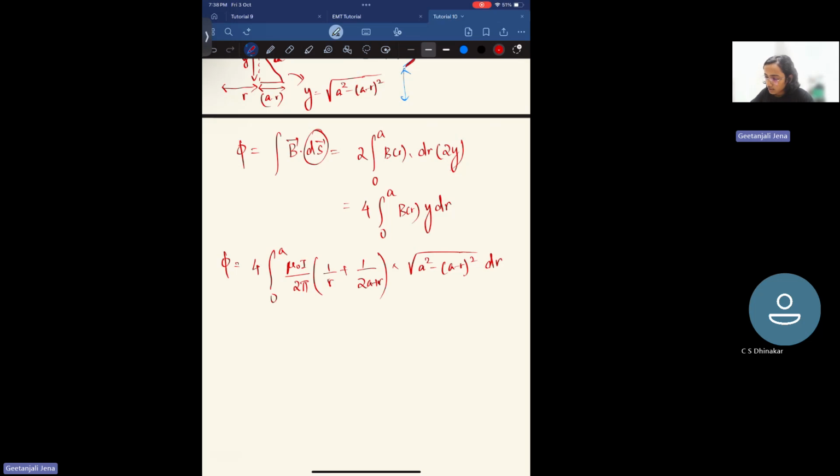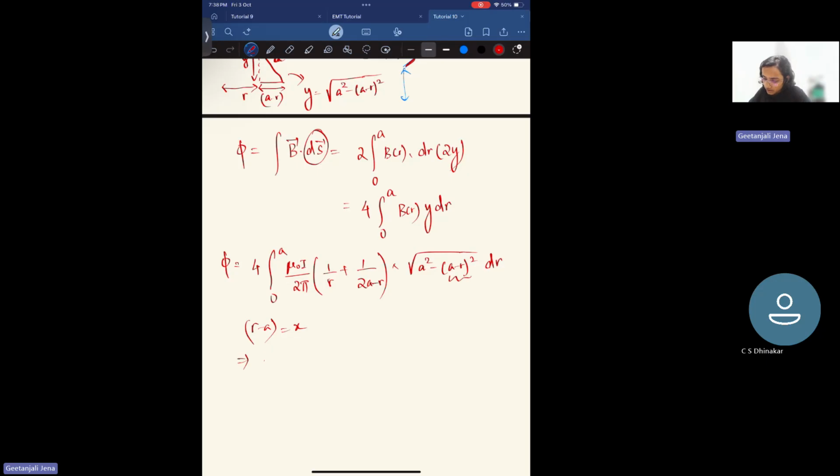Now see, let us take a minus r as x, or let us take r minus a as x.